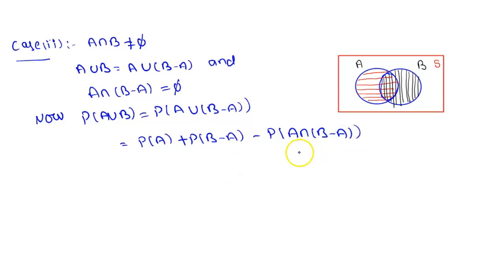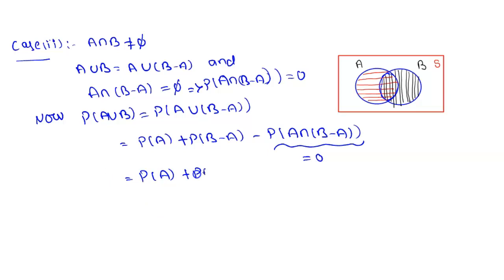Here A intersection (B minus A) is empty, so if you apply probability, P of A intersection (B minus A) goes to 0. So this is equal to P of A plus P of B minus A. Here we have one important result: P of B minus A can be written as P of B minus P of A intersection B. This is one of the important results, right?